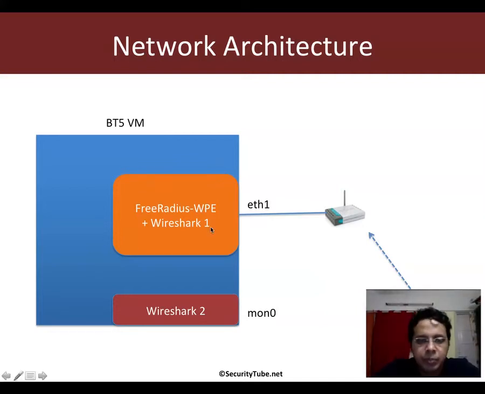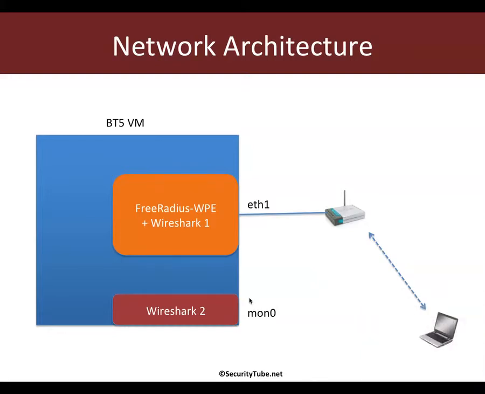And we are going to run one instance of Wireshark which is going to monitor this interface. The other interface is a wireless interface which you will create on the Backtrack VM, where there will be another instance of Wireshark running to monitor the wireless traffic on the channel on which the access point is broadcasting its SSID, security tube.